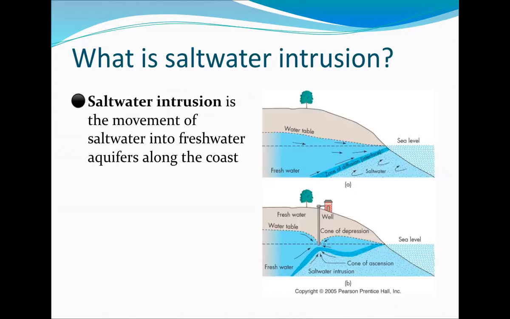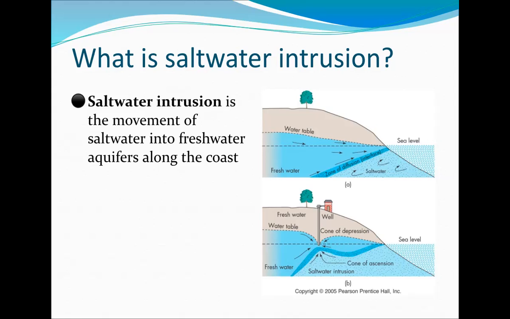So what is saltwater intrusion? So saltwater intrusion is the movement of saltwater into freshwater aquifers along the coast. So when we're talking about intrusion, think of it like an intruder. So what does an intruder do? Intrude.